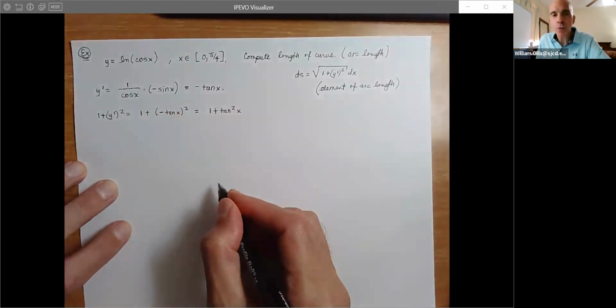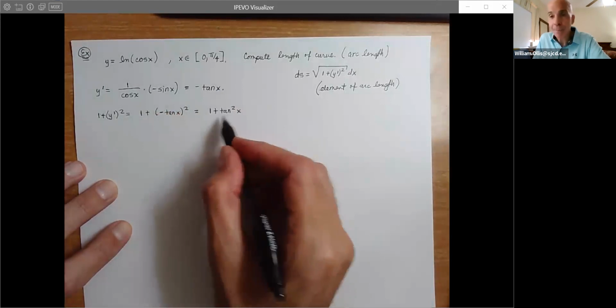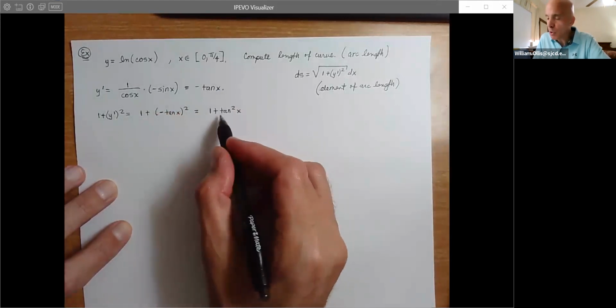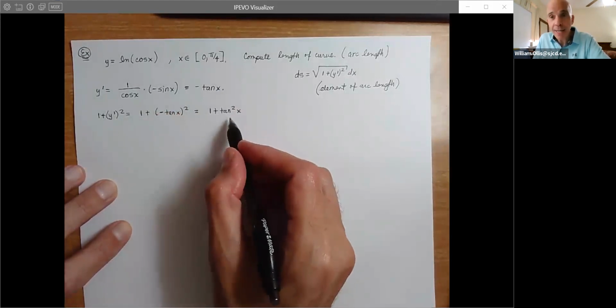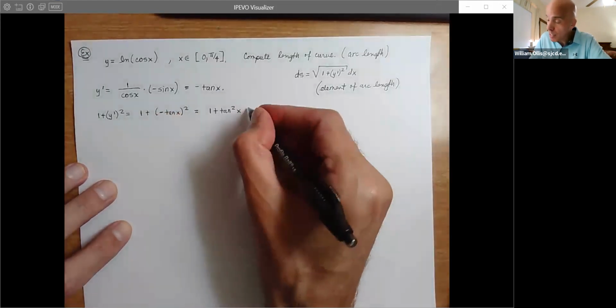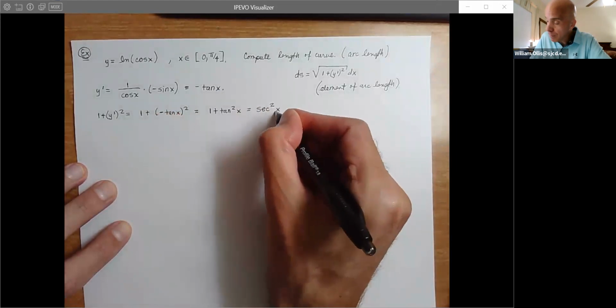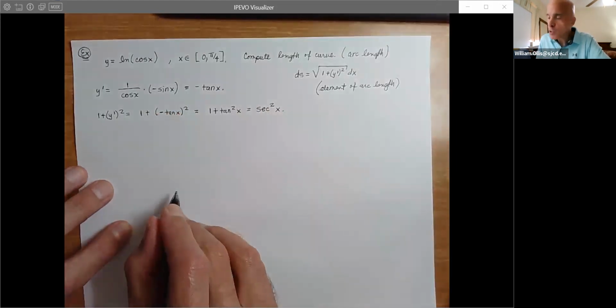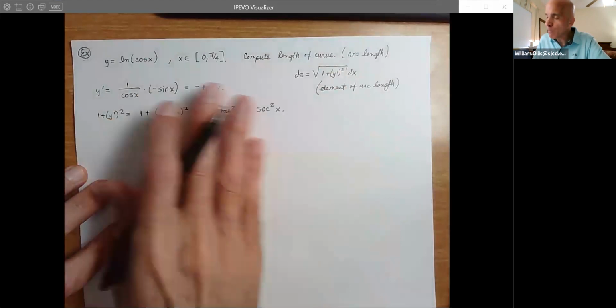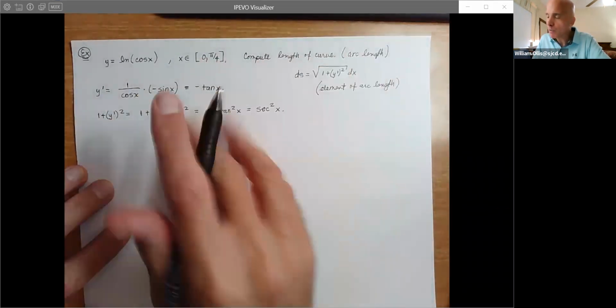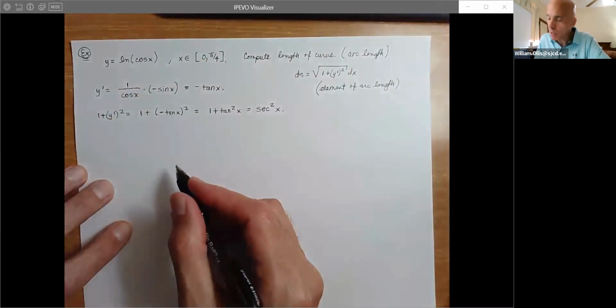Now, of course, we know this is, to beat the horse to death, I'm sorry, the Pythagorean identity. 1 plus tangent squared is secant squared. That's our friend. We'll use that a lot in the sequel. Okay? So again, this is kind of fun because you get to review all of your concepts from Calculus 1.